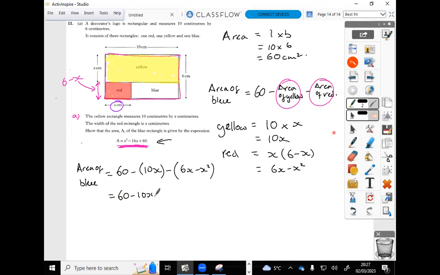That's 60 minus 10x minus 6x plus x squared, breaking the brackets up so we can tidy it up. When I'm breaking that bracket up, that x squared becomes positive, and I can rearrange that.